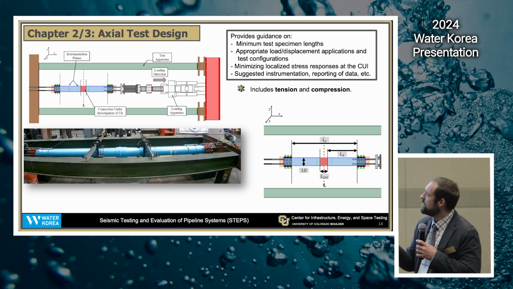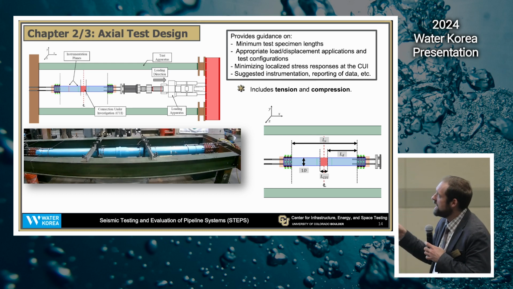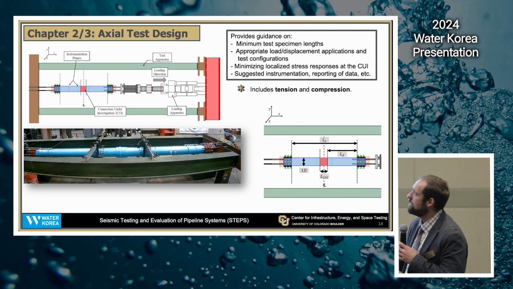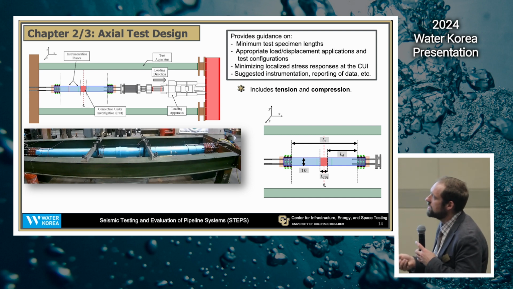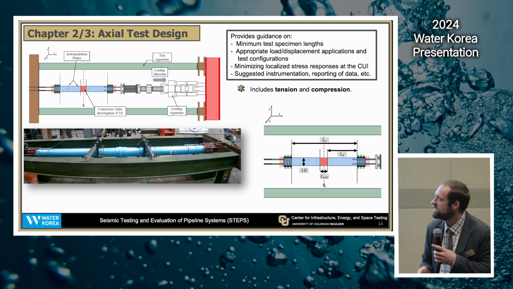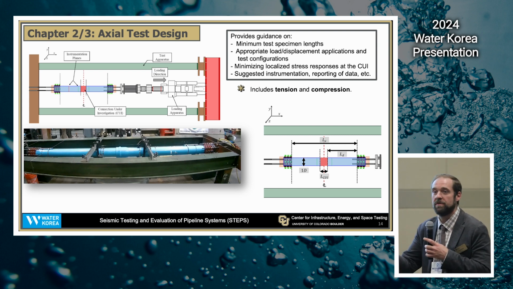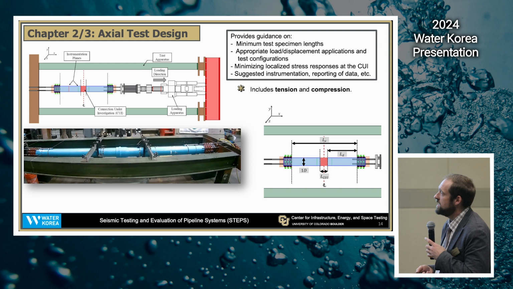And so one of the ways that we do that is to design our tests in a way that provide a length of specimen that is adequate so that we're focused on this center portion, which we're calling the connection under investigation, the CUI. It could be a weld, it could be a joint, it could be a number of different things that we're interested in.